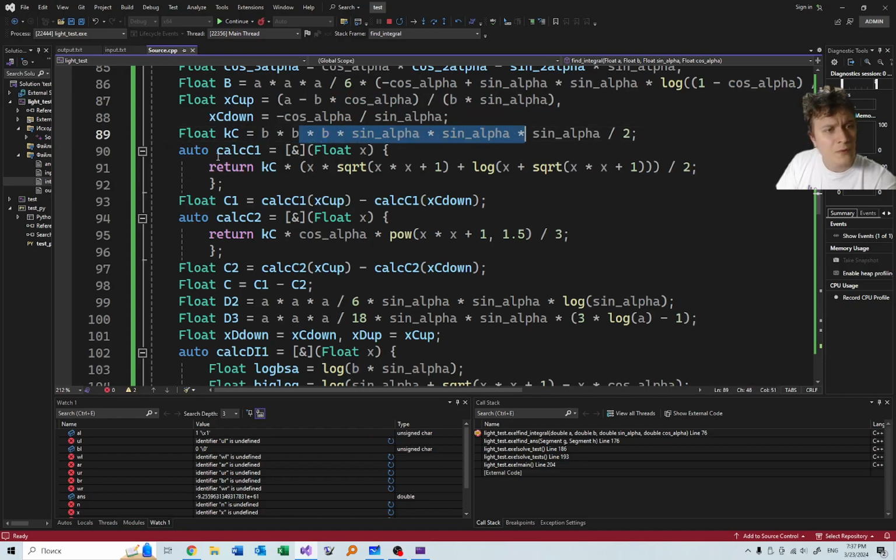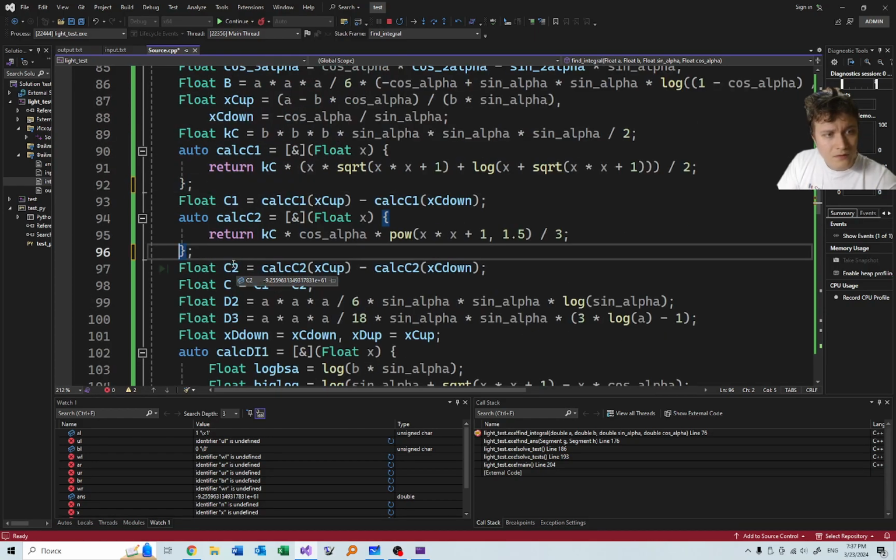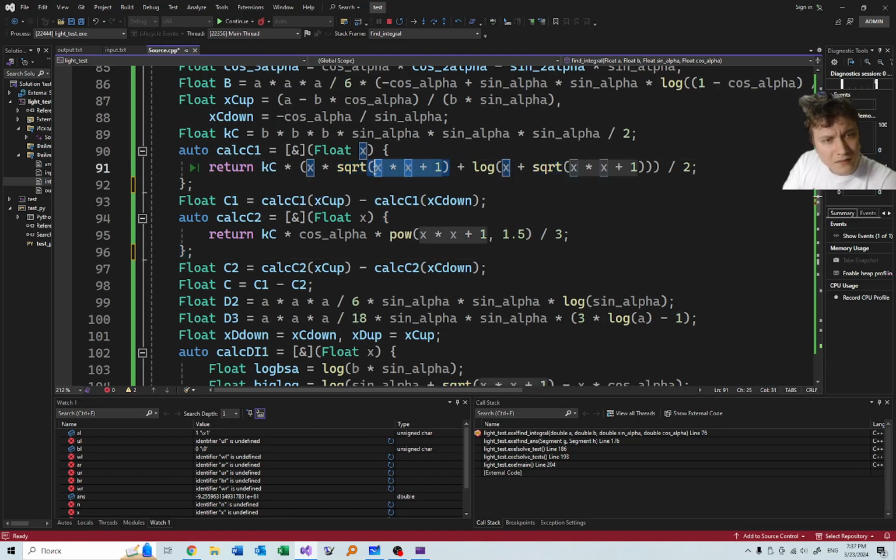And now we have all these calc C1, C2, and C3. Okay, for example, C1. Since I add something squared and 1, it seems like x is of dimension 0. Okay, Kc is cubic, so the total thing is cubic. So x should be of 0 dimension, and the answer is cubic.